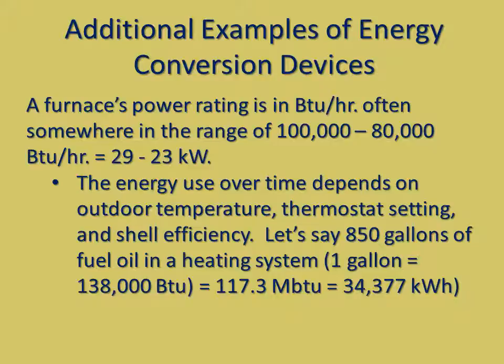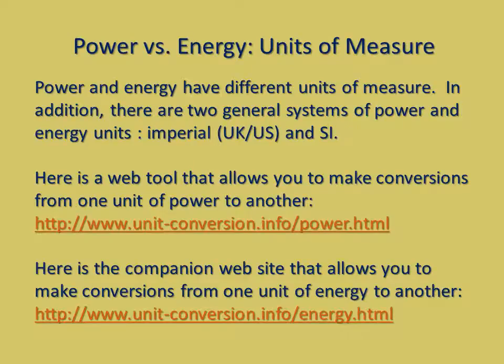So you've noticed thus far from this presentation that there's a distinction between the units that are used to indicate power and the units that are used to indicate energy. So a typical unit of power would be the watt, and that's in the SI system, the System International.